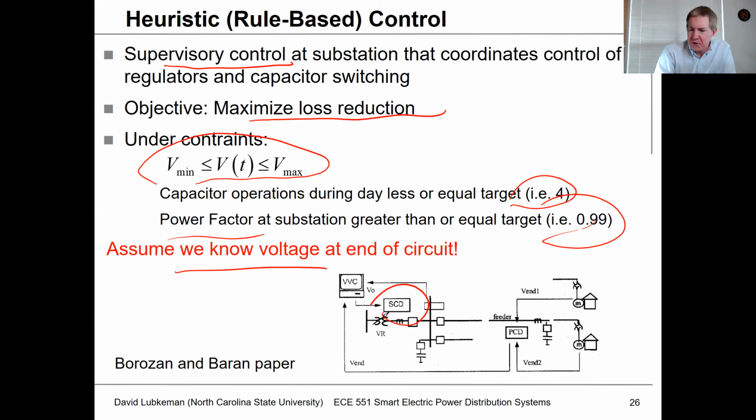This shows some commercial device terminology, where PCD is a controller you would maybe have out in the field near the capacitor, and SCD would be a substation switch controller. These are just IEDs that can take the appropriate measurements and do capacitor switchings if necessary.